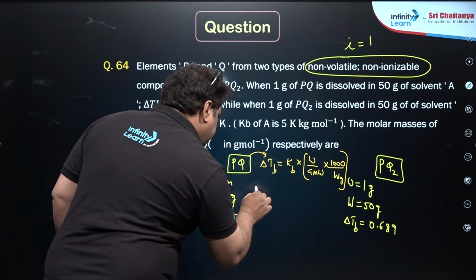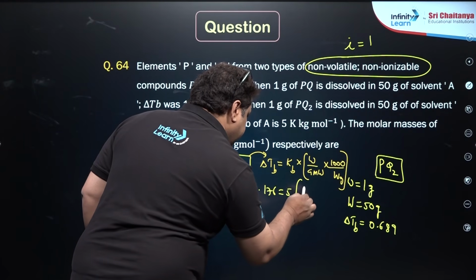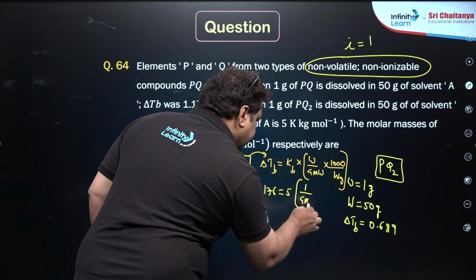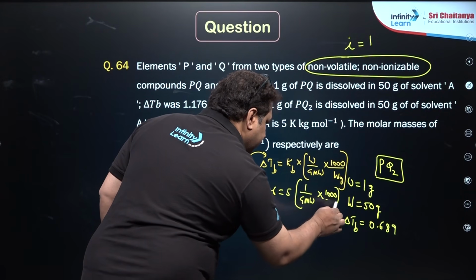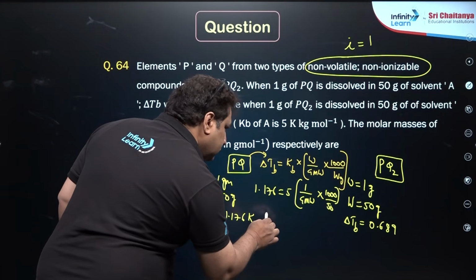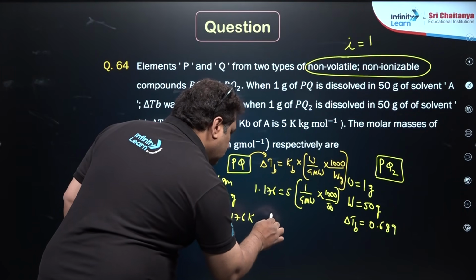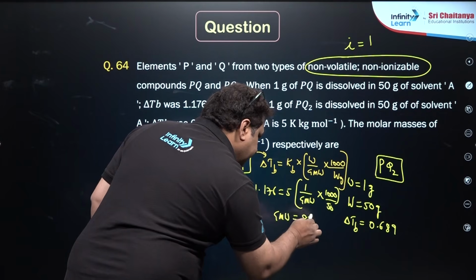For this delta TB is 1.176, Kb 5, weight is 1, gram molecular weight I have to find out, into 1000 by 50. On solving, gram molecular weight you will get 85.